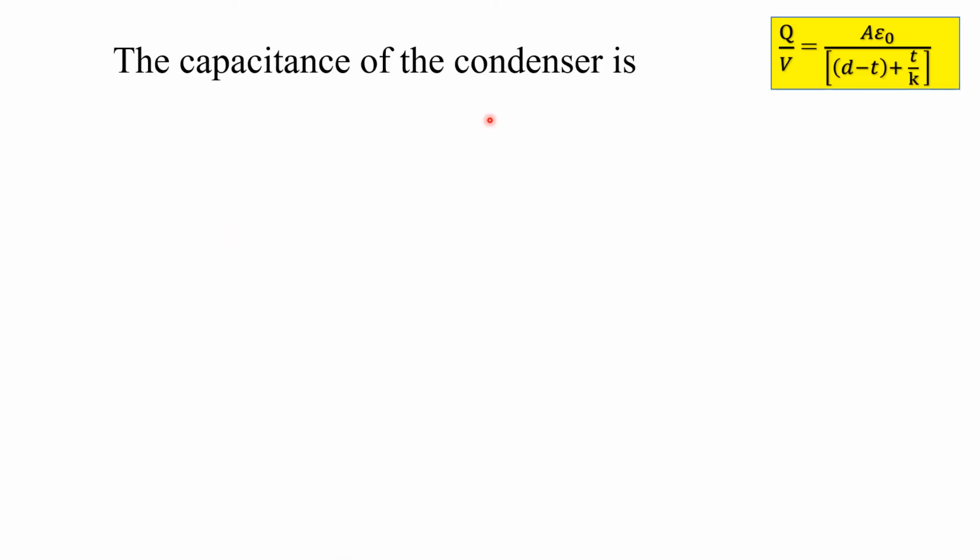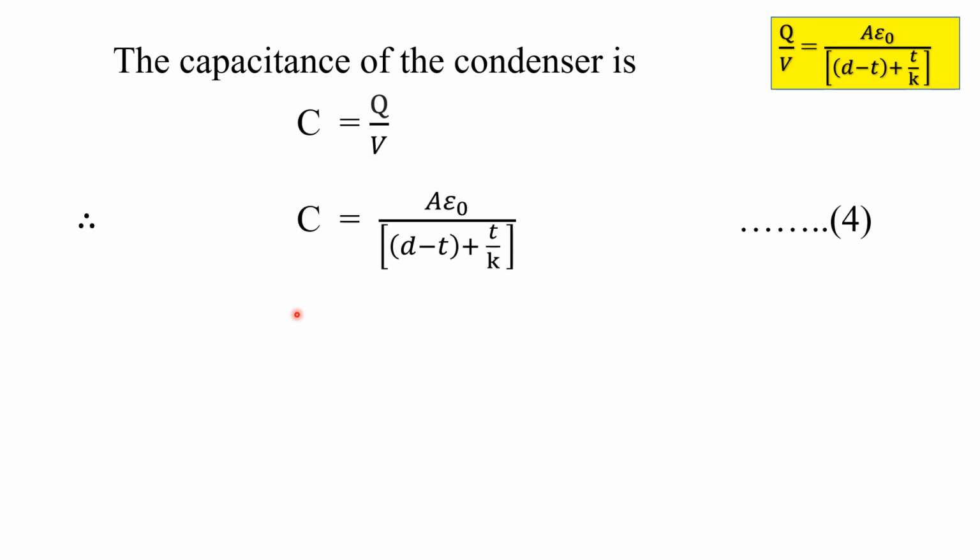The capacitance of a capacitor is given by C is equal to Q upon V. So we get the capacity of a parallel plate capacitor as C is equal to A epsilon 0 divided by (d minus t plus t upon K), equation number 4. This is the capacity of a capacitor with a dielectric slab.